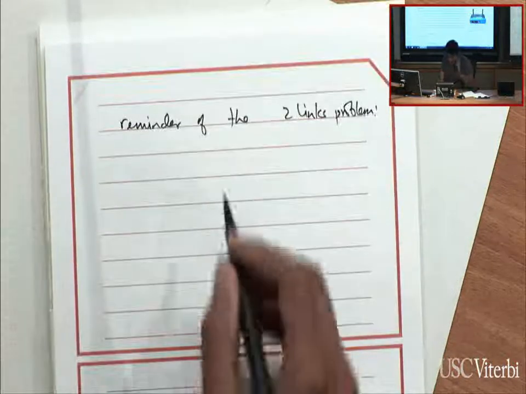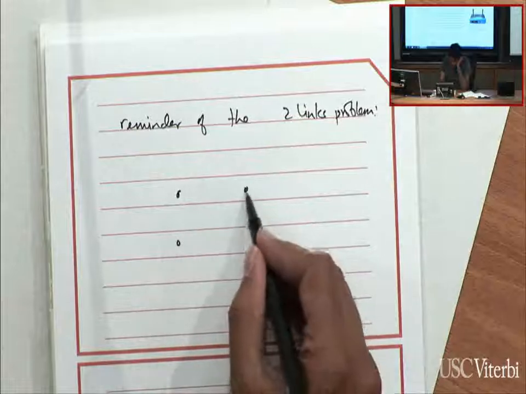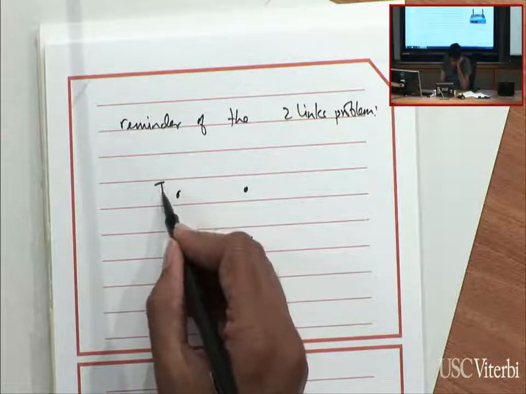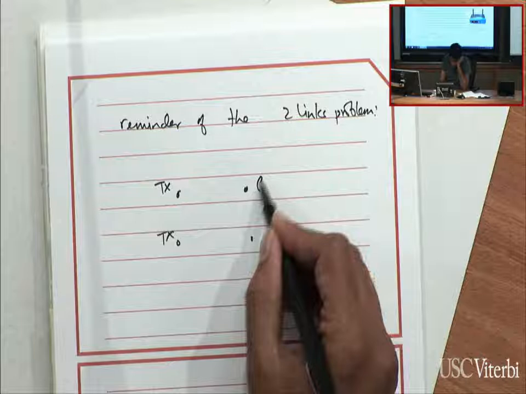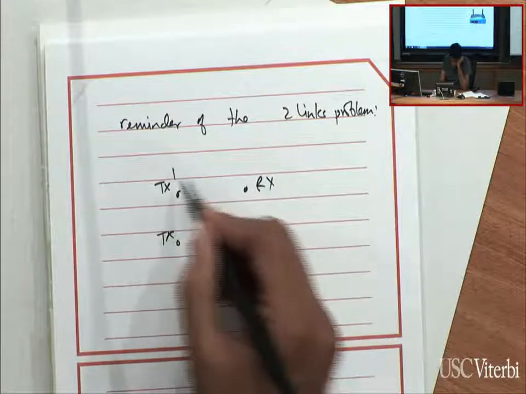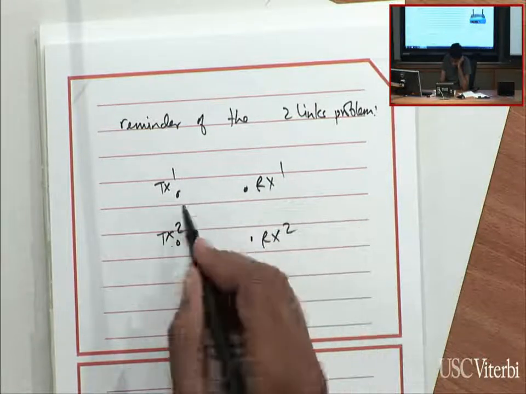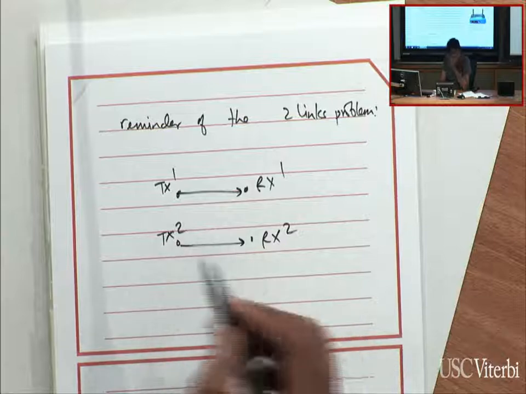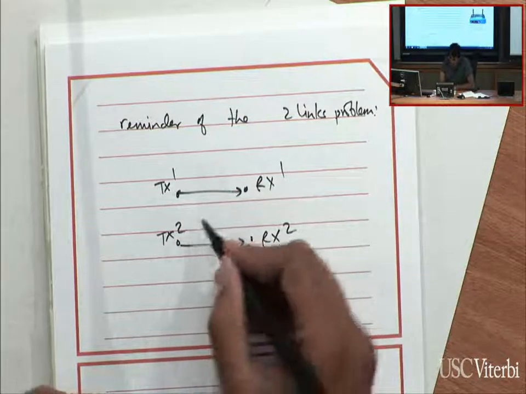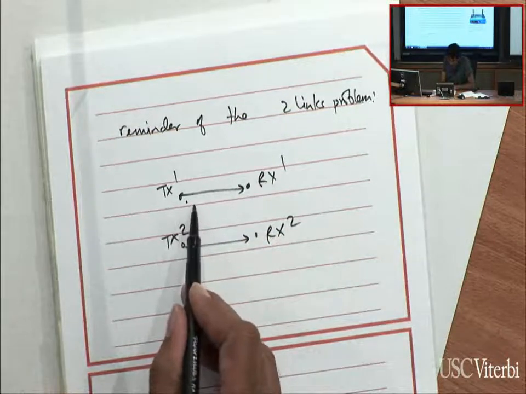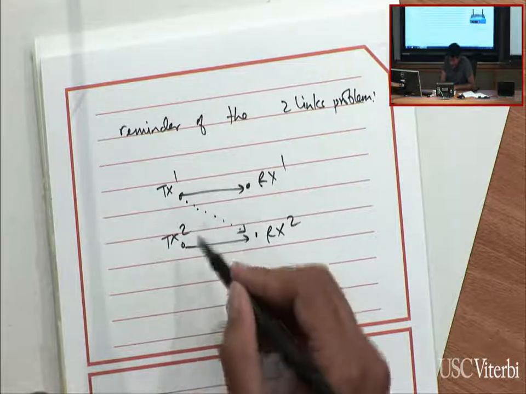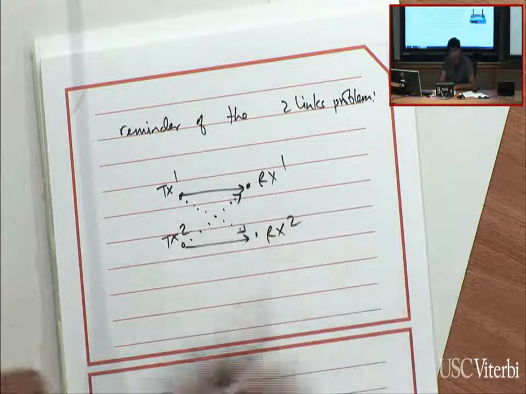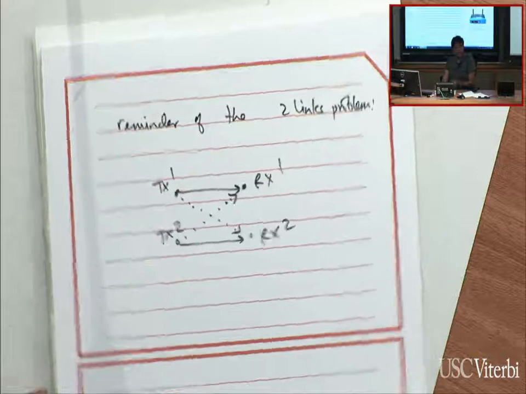So what that looked like. So we had two sets of transmitter and receiver pairs. And these are like the forward channels for them. And here the assumption is that they are transmitting simultaneously, and on the same channel, and because of that, they're interfering with each other.